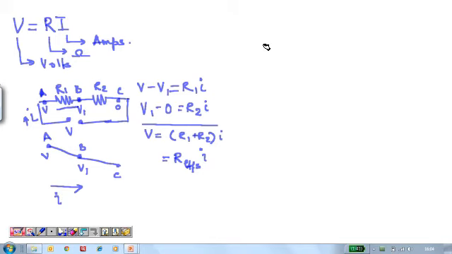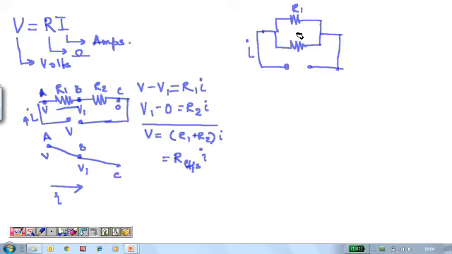When we look at the other type of circuit, which is known as putting resistors in parallel, we get a slightly different situation. Here, the current I actually gets divided amongst the two resistors into I1 and I2.